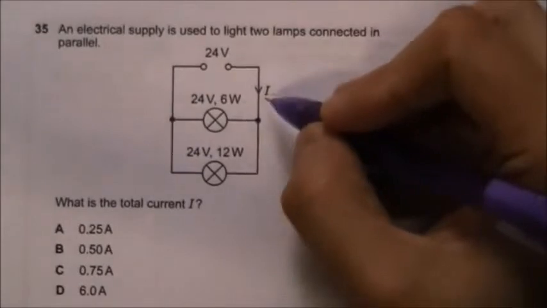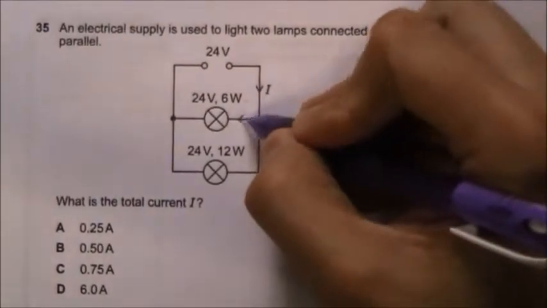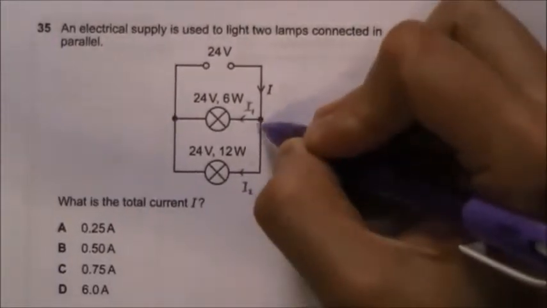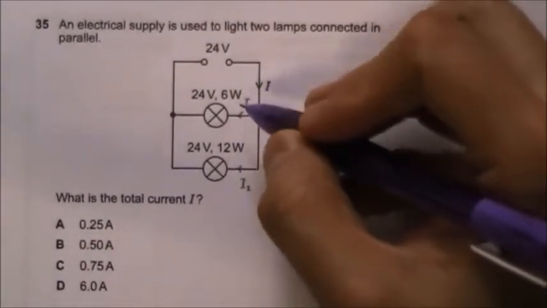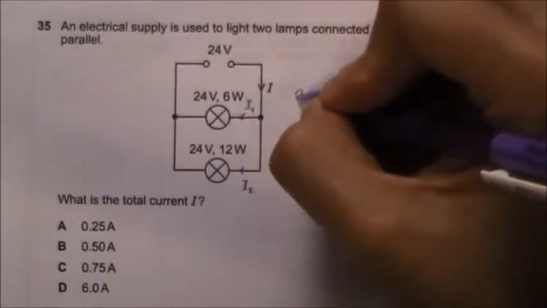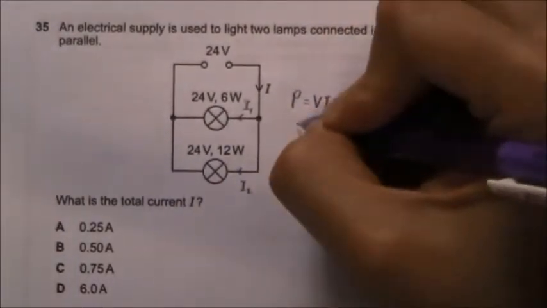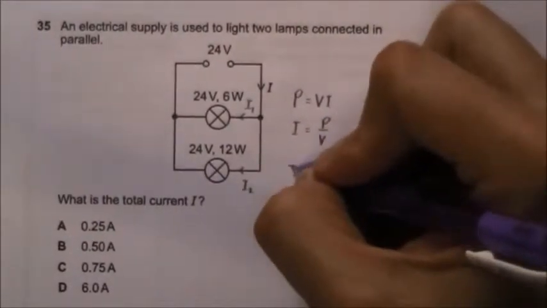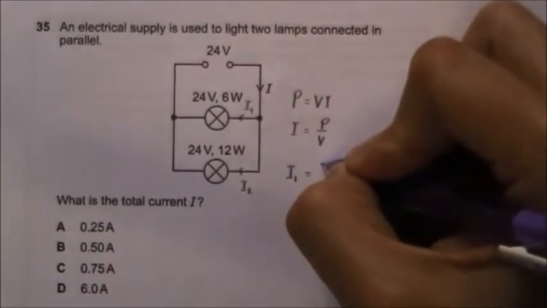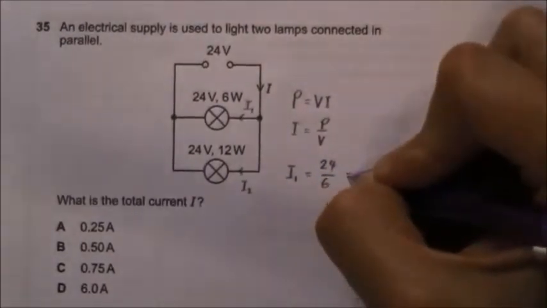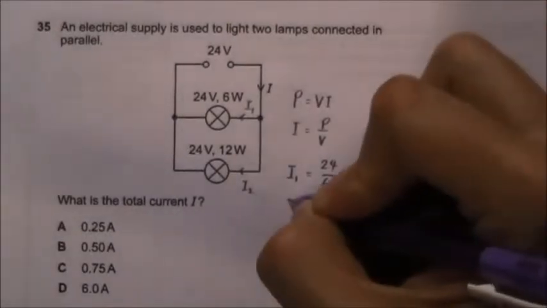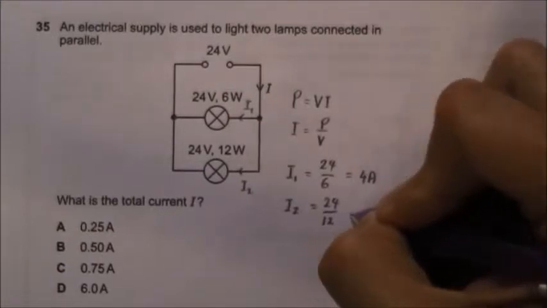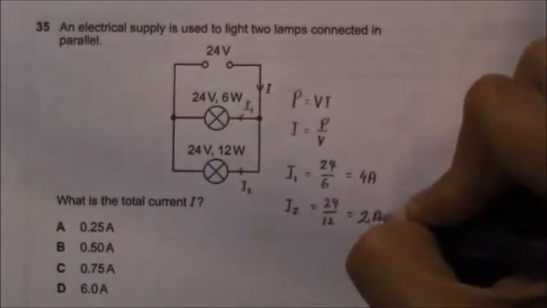Okay, to find the total current I, we have to find I1 and I2, which are the 2 currents that flow into the 2 light bulbs. Using the formula P is equal to VI, I is equal to P over V. I1 can be found by 24 divided by 6, that will give us 4 ampere, and I2 will be 24 divided by 12, that will give us 2 ampere.